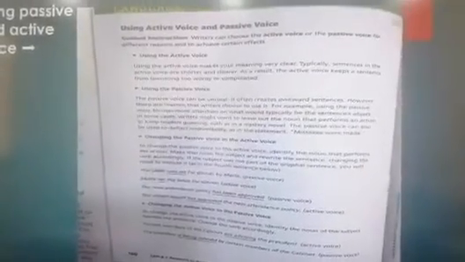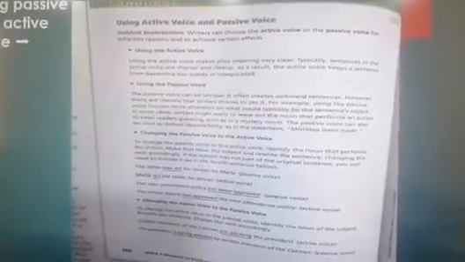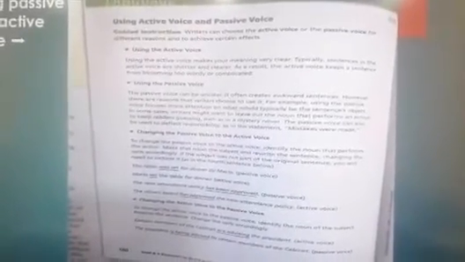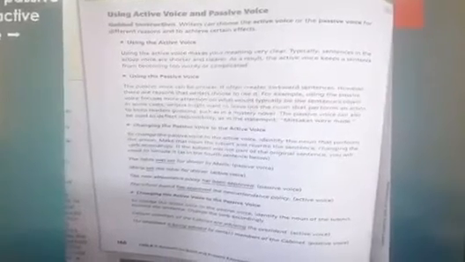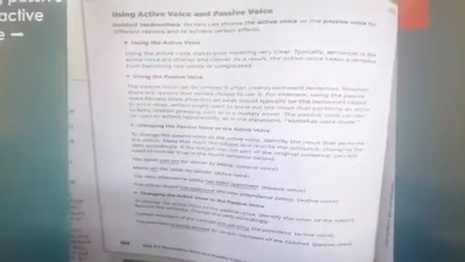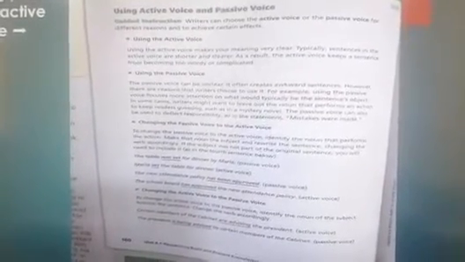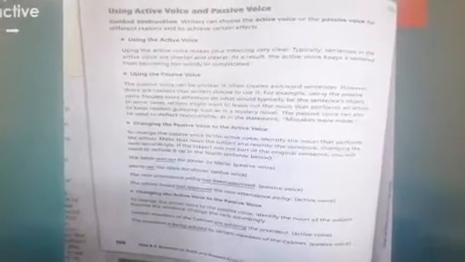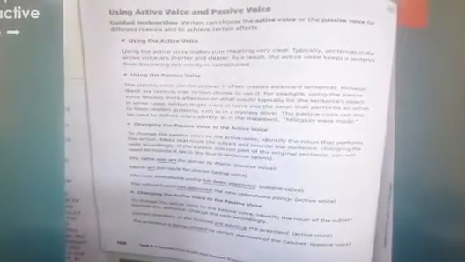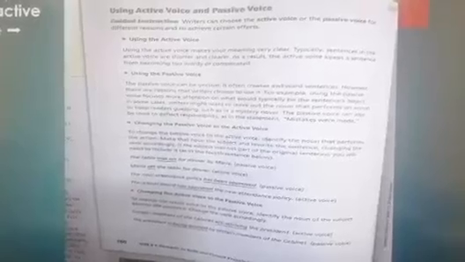And in some cases, the writers might want to leave out the noun that performs an action so that they can keep the readers guessing. So this is the reason why they use the passive voice, so that they can get the readers' attention, keep the readers guessing, and make them reflect on their reading.